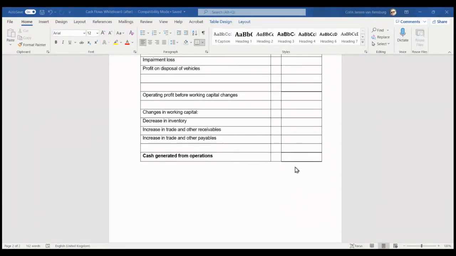So this is basically the philosophy behind this statement of cash flows. We've looked at a few techniques on how we can find the cash flows. We had a look at the difference between the direct method and the indirect method, and we've already said that it only affects your cash generated from operations.